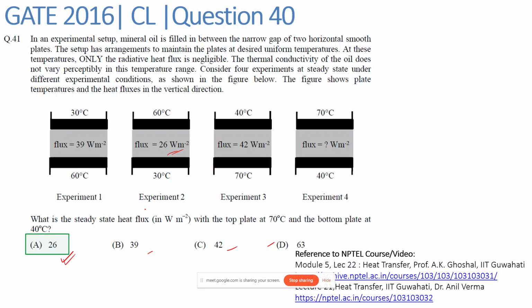So yes, this is the basic concept used in this question related to this experimental setup.